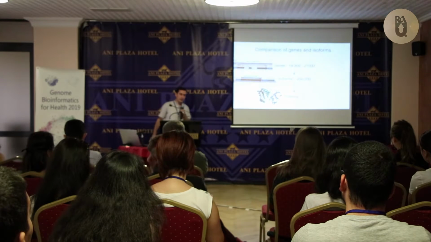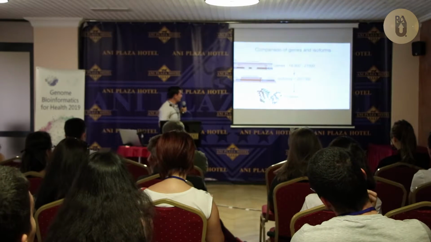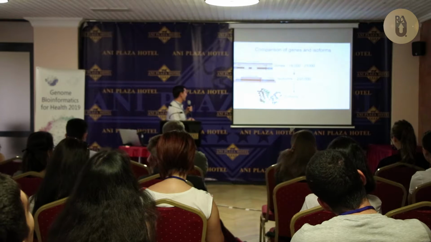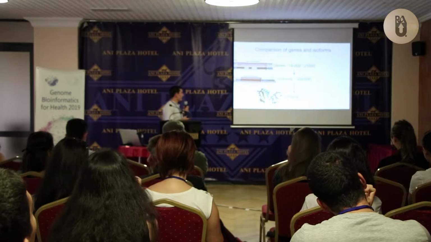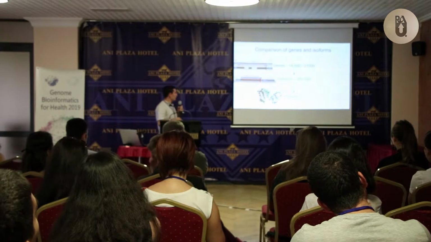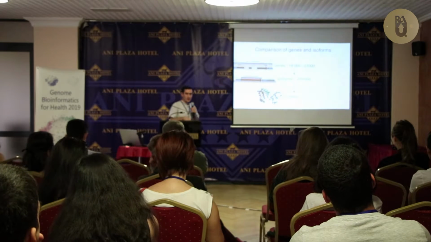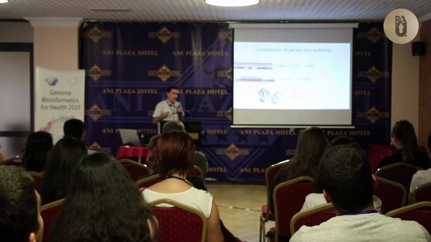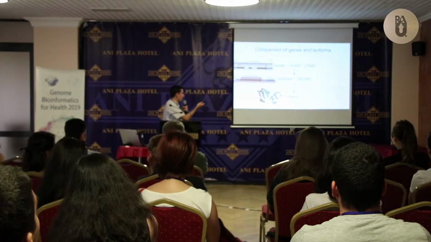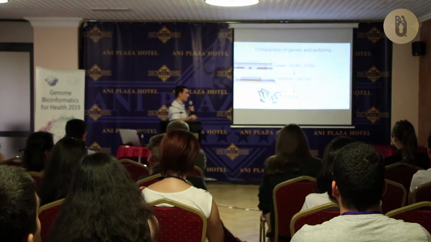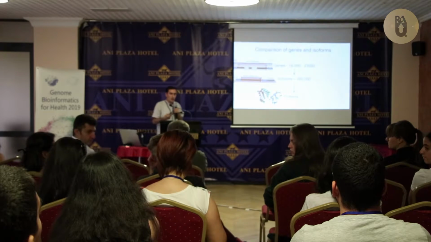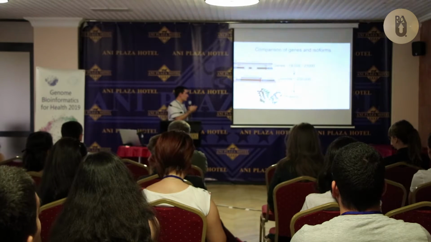But as we know, biology is much more complicated than that, and so we have much more complexity at the second level. When genes are transcribed to isoforms, we have 10 times more isoforms, and the complexity increases tenfold.